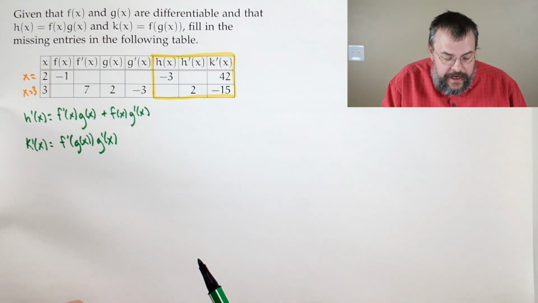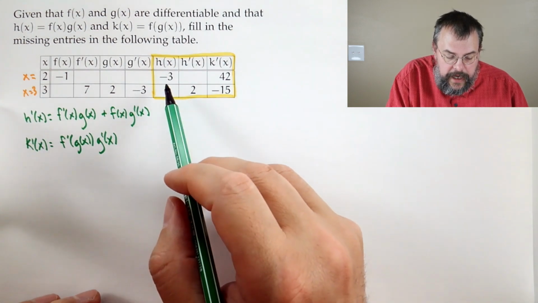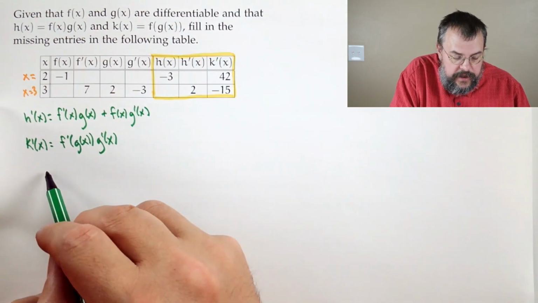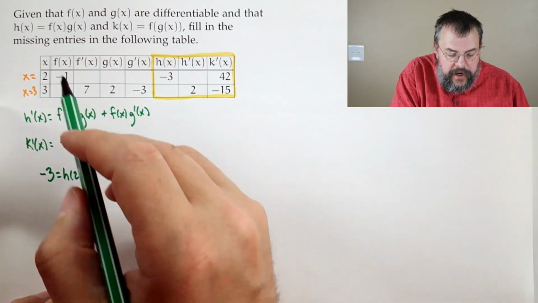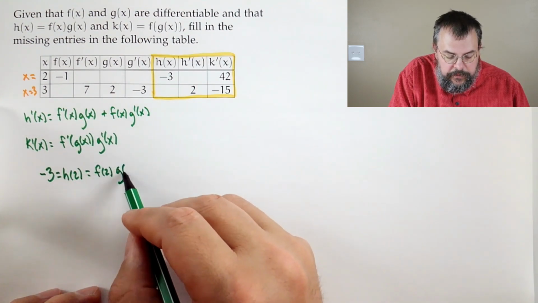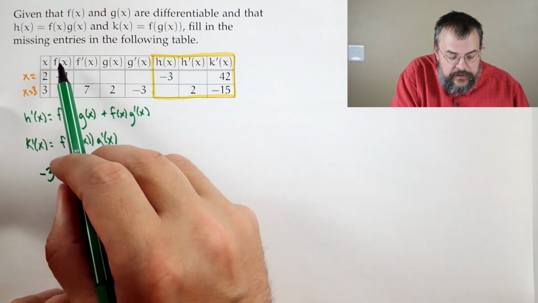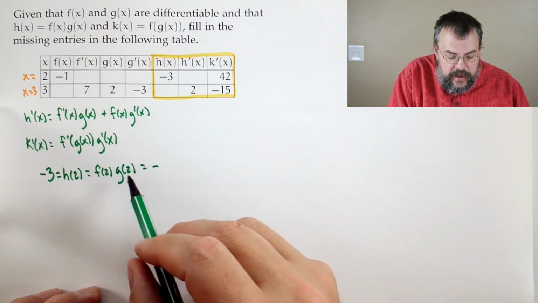Okay, so what do we have? Well, let's start with just h of 2. So we know that negative 3 is equal to h of 2. By definition, that's f of 2 times g of 2. Now, do I know either of those? Well, I know f of 2. That's this entry. So that's minus 1 times g of 2.